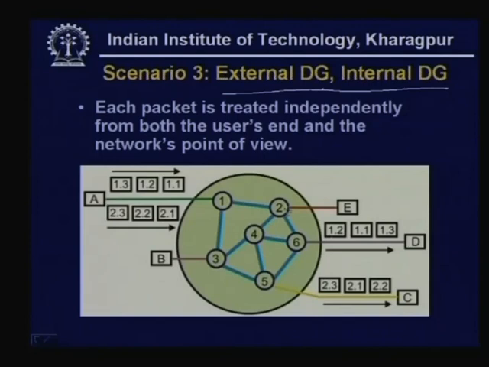In both the cases we are using the datagram, and so each packet is treated independently both from user's end as well as from network's viewpoint. That is why the packets are reaching the destination out of order.